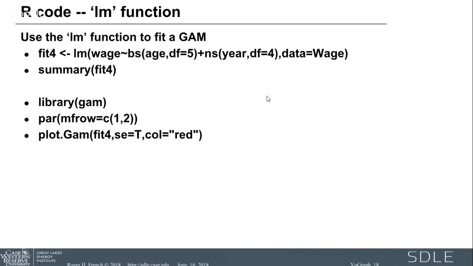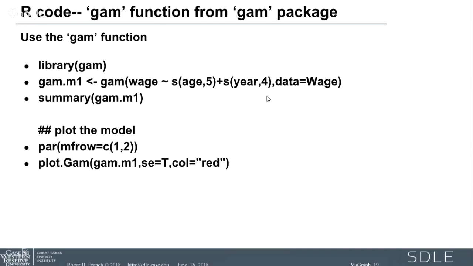Another way is to use the gam package. You can download the gam package, and there's the gam function, and you can similarly put the formula like this. But in this package, they use the smoothing spline. You cannot use bs or ns in this function. Also, this 5 and 4 are the degrees of freedom.